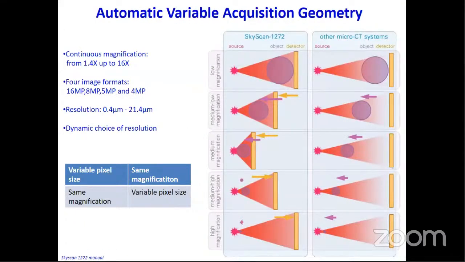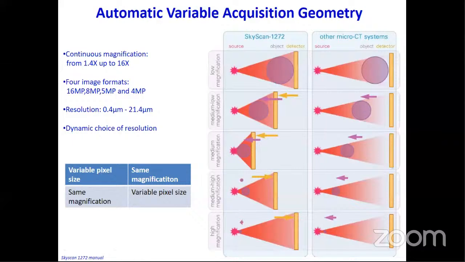In most of the conventional scanners, the source and the detector are placed in a constant position, as you see in this picture on the right, and the object is moved leftwards or rightwards depending on what kind of magnification is required.